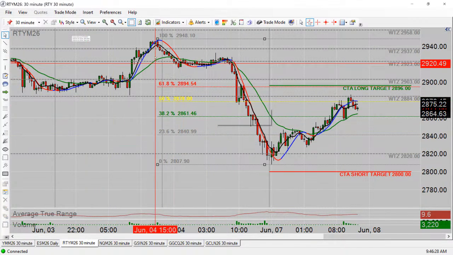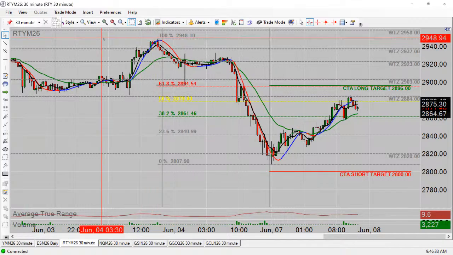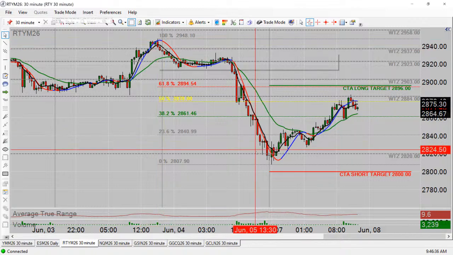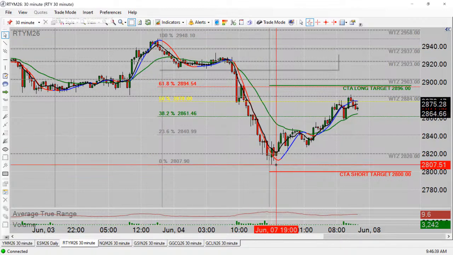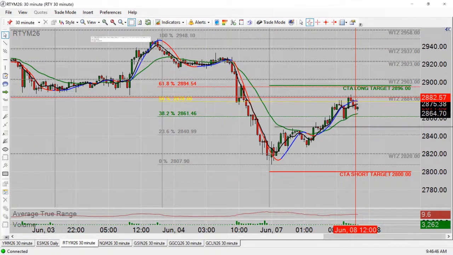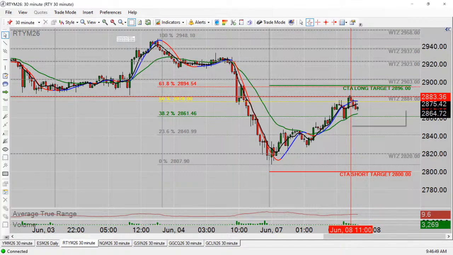And then here's Thursday. So I was keying off of this high from last Thursday afternoon, all the way down to the low put in last night. And we did a 50% retracement. Even a little better, we ran right up to the zone.